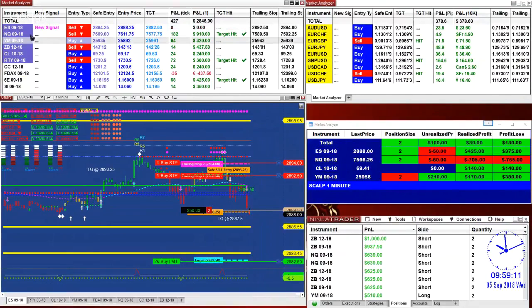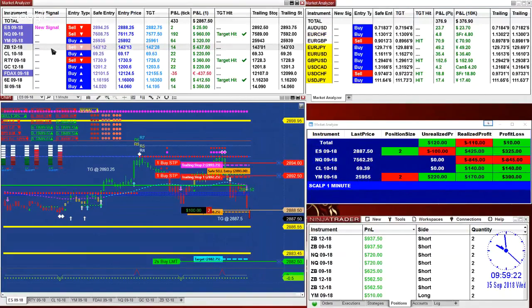Now, if we look at the ES, Nasdaq, Dow Jones, look at this. They're all in the short, and the 30-year Treasury bond in the short. That's why the ES has fell also, because it's going in the same direction as the 30-year Treasury bond.